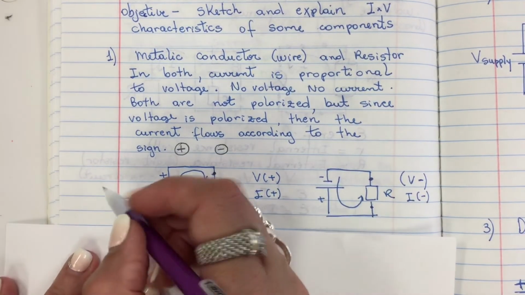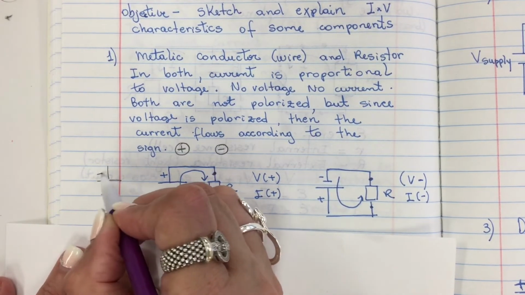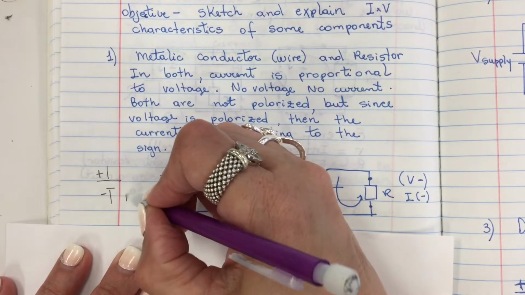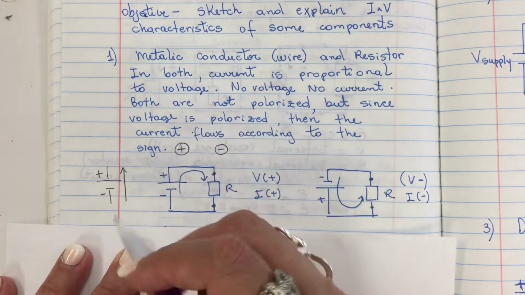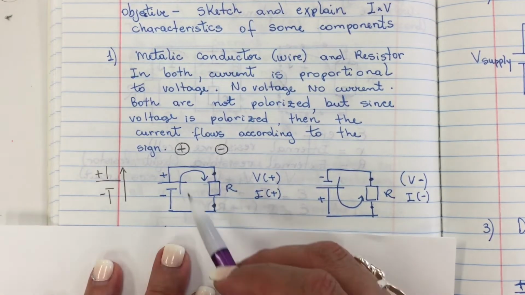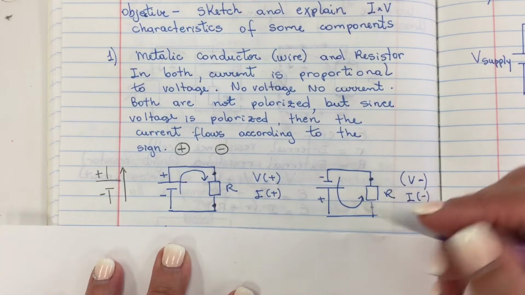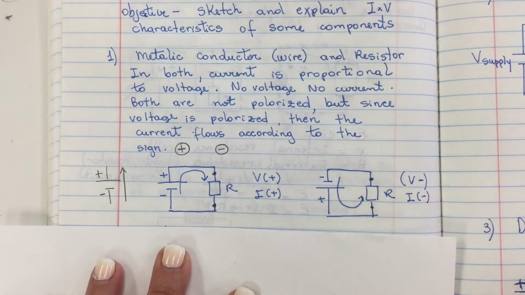Because the conventional current, this is the battery, this is the negative, this is positive, the current always flows from the negative to the positive terminal of a battery. So that's what happened here. It was reverted and the direction of the current changed.